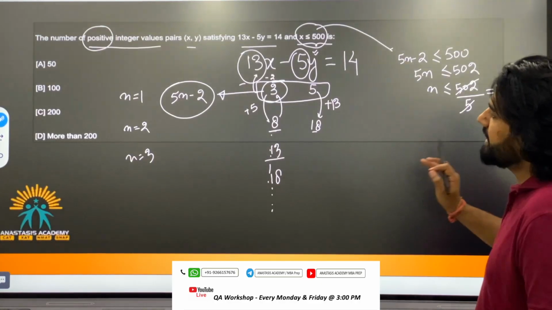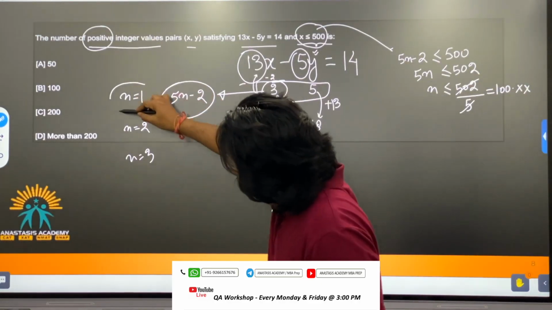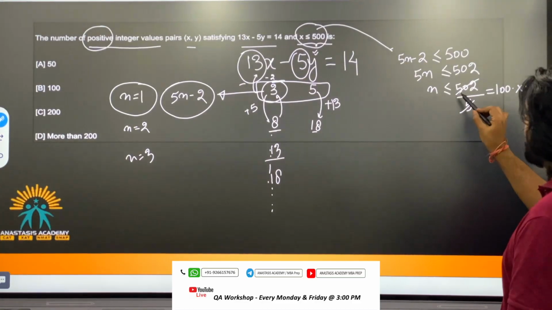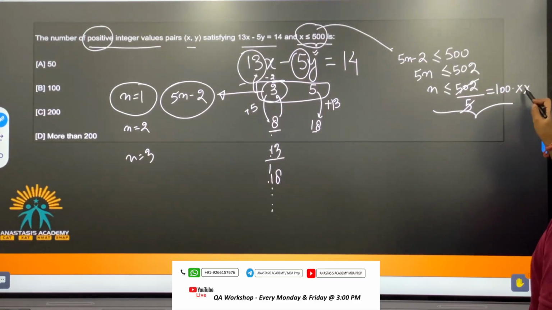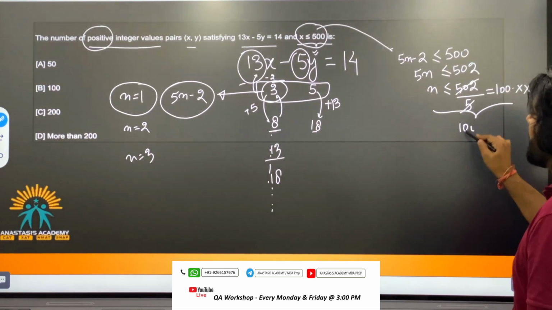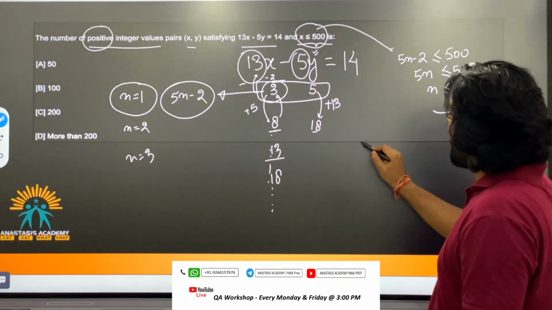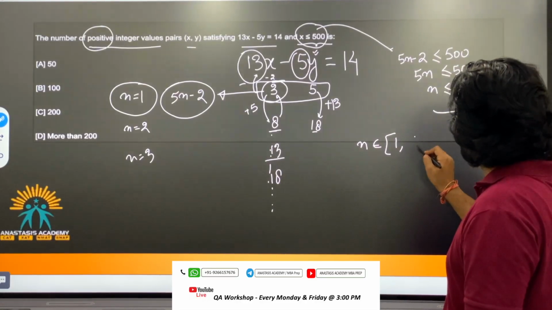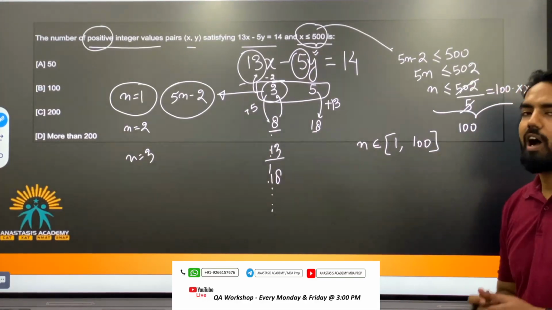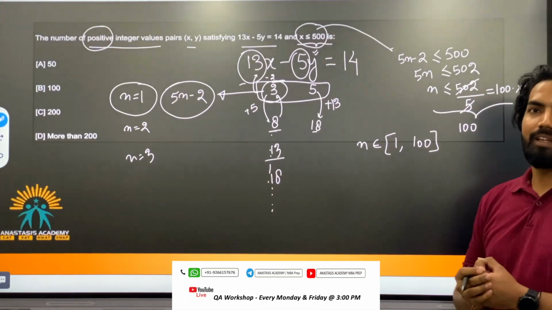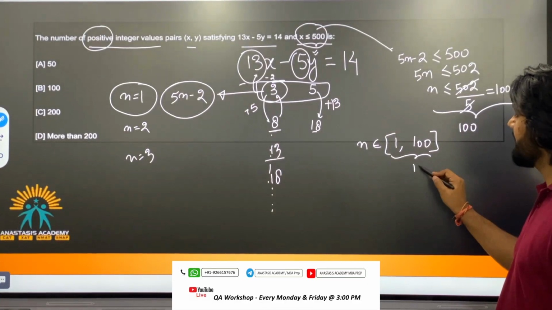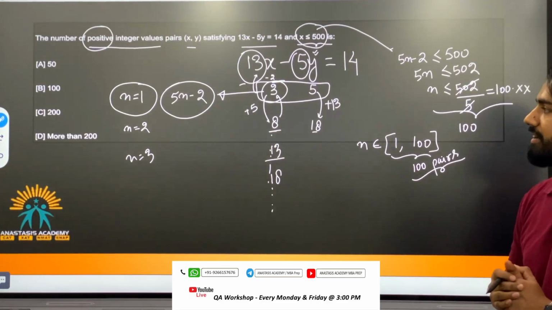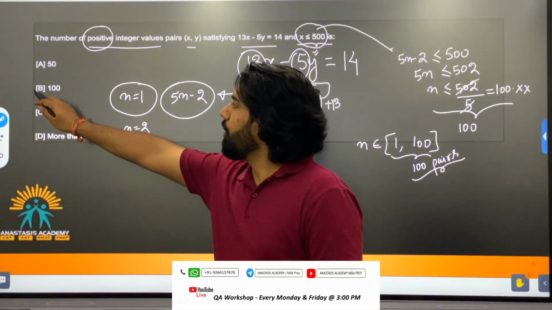So the value of n will start from 1 and go till the maximum integer less than this value, that is 100. So how many integer pairs would there be? 1 to 100, there are 100 possible pairs. Right? So the correct answer to this question is option B.